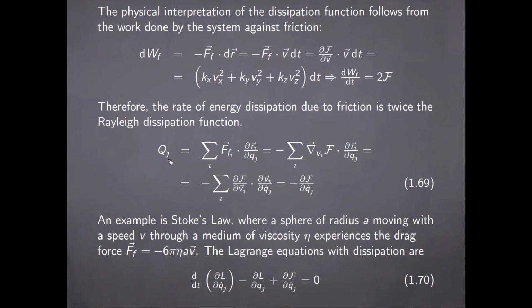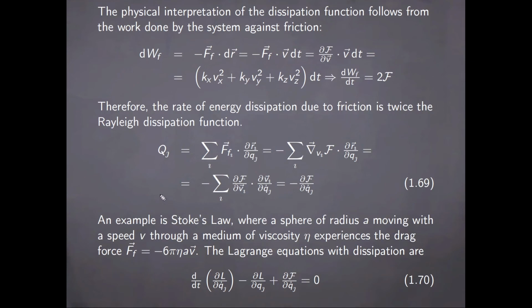And now if you look at the definition of the generalized force and you write it for a velocity-dependent frictional force, then you can very easily work things out and obtain that Q is minus the partial derivative of the Rayleigh dissipation function taken with respect to the corresponding generalized velocity.